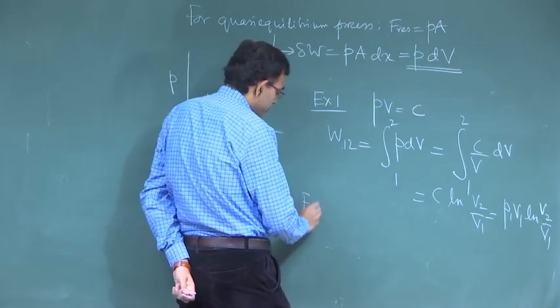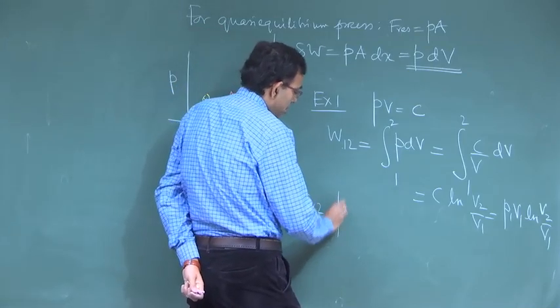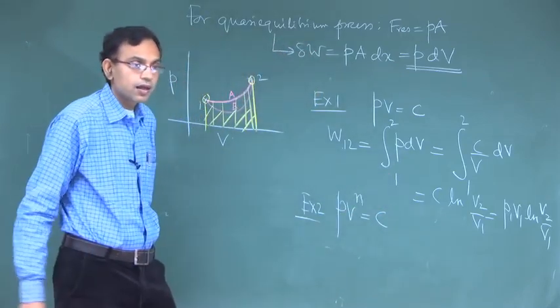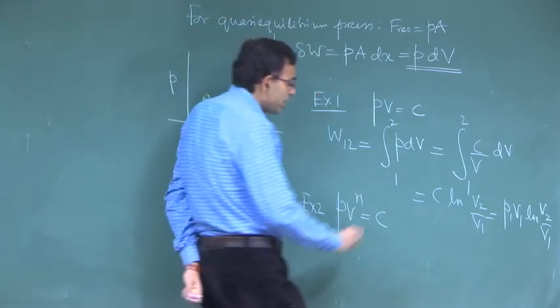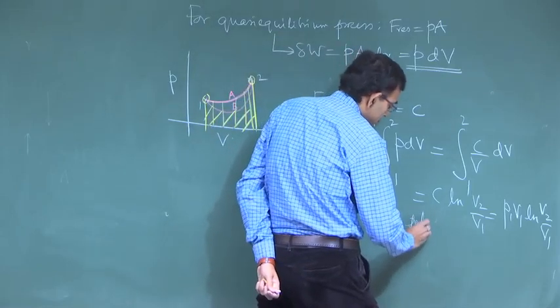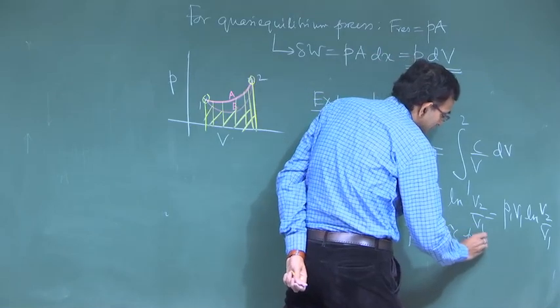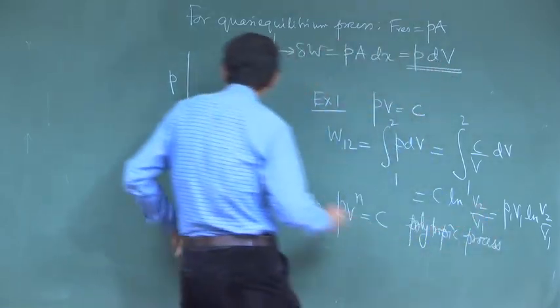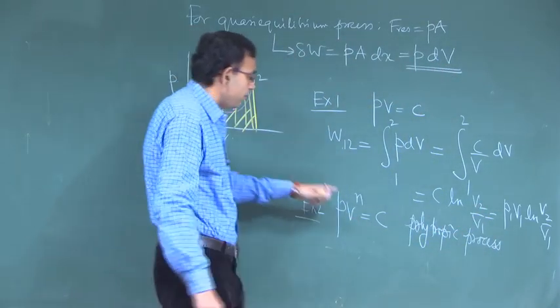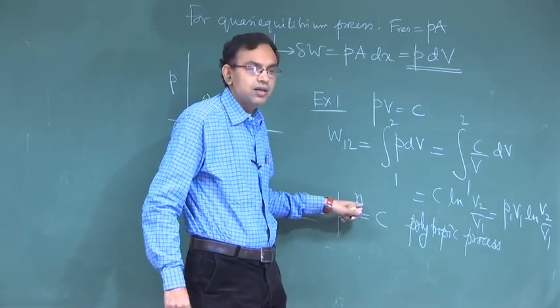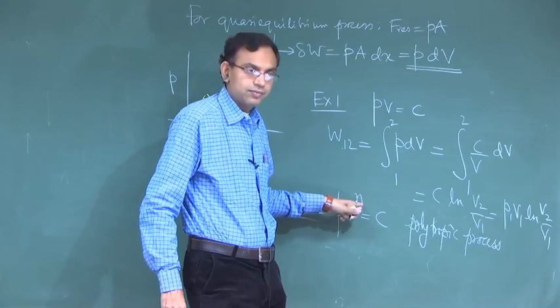Example 2, PV to the power n equal to constant. This is called a polytropic process. That means many times when you plot the pressure versus volume data, you can fit it with PV to the power n, where n is not equal to 1.